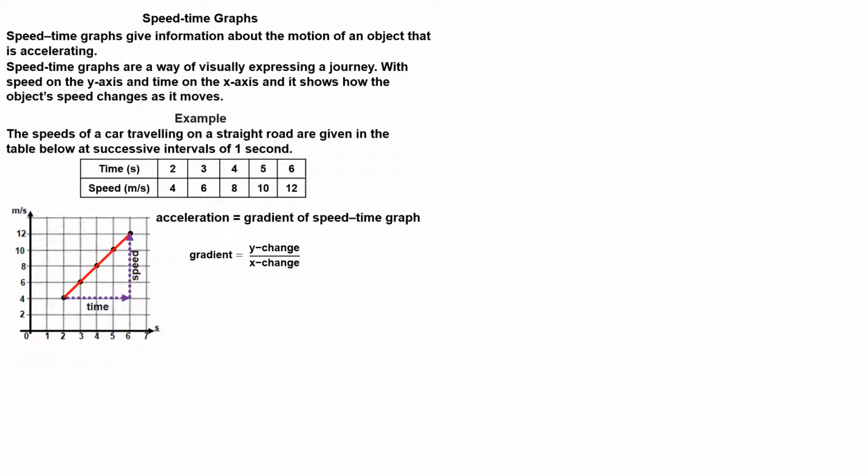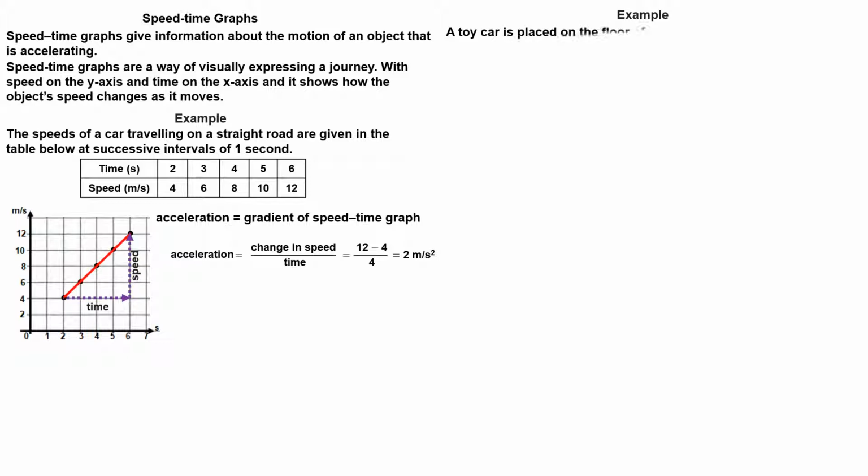So the gradient is the acceleration. In this case, change in speed is 8, time is 4, the acceleration is 2 meters per second squared. Another example.